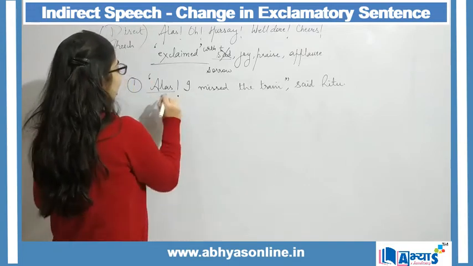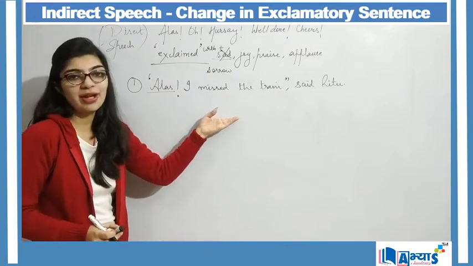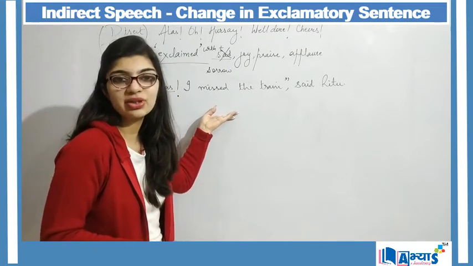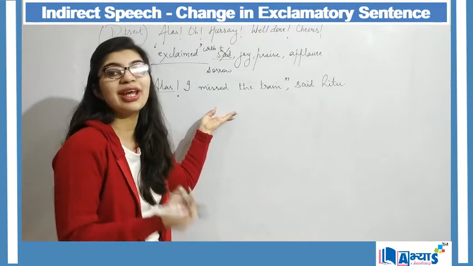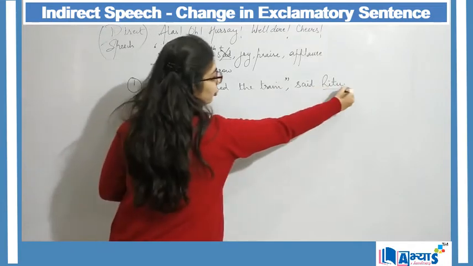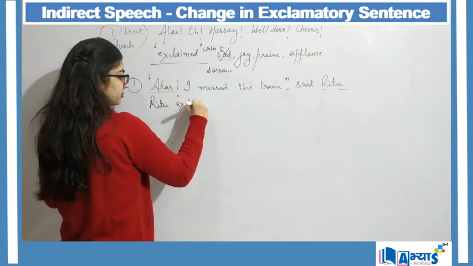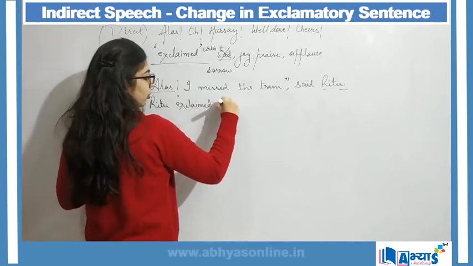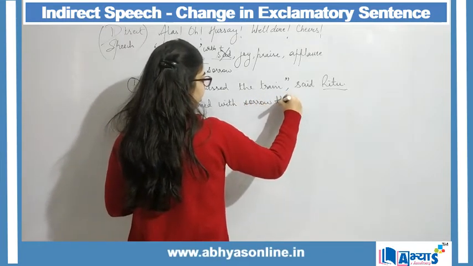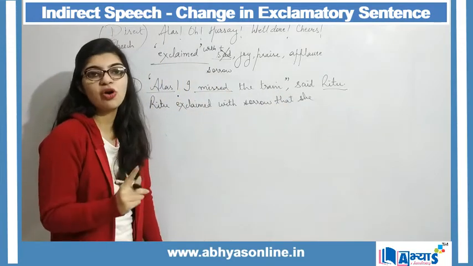So, my alas will change to exclaimed with sorrow, because while missing the train, no one is happy. You're not happy when you miss something. You were sad because you did not attend that event. Here I will say Ritu exclaimed with sorrow that she, now missed is the past form of verb.